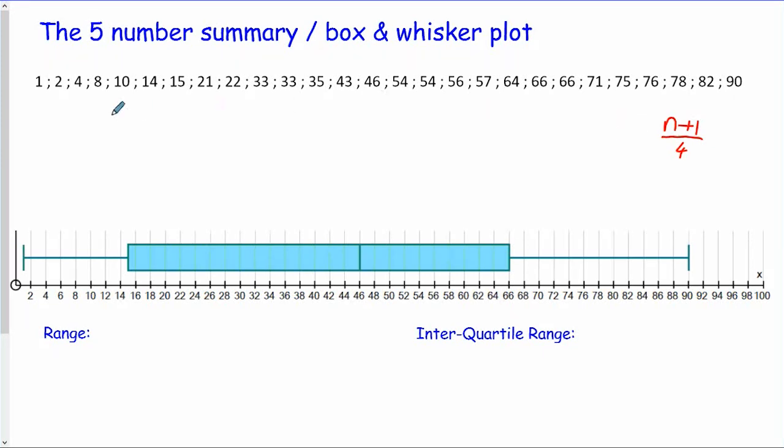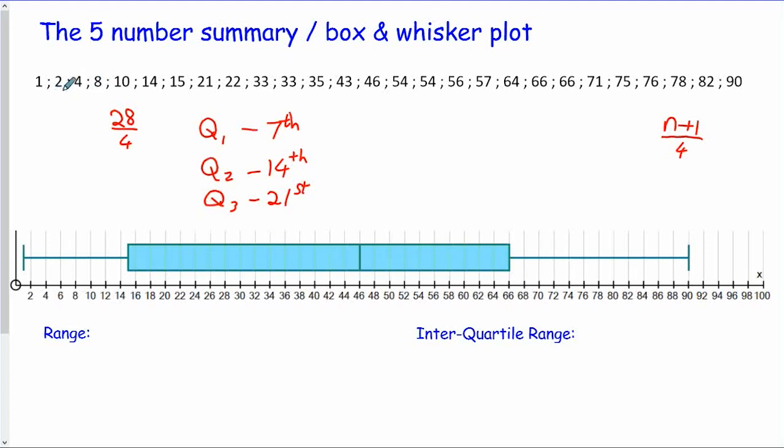So 27 plus 1 gives us 28, over 4. That means that the first quartile will be in the 7th position. The median, or quartile 2, will be in the 14th, so we take that 7 and double it. And the third quartile, we take the 7 and multiply it by 3, and we get the 21st position.